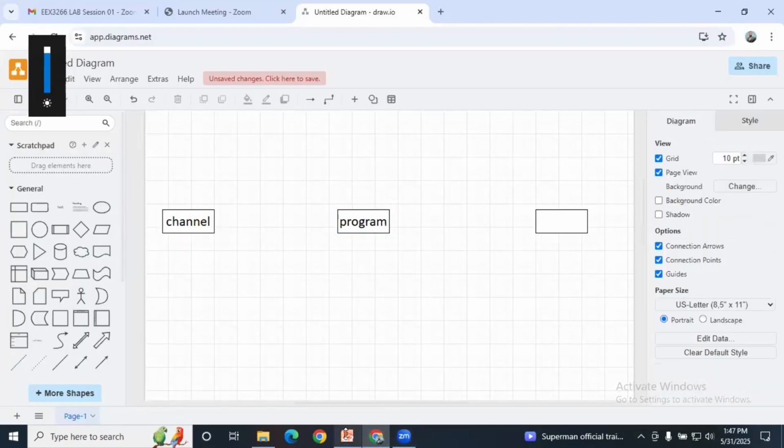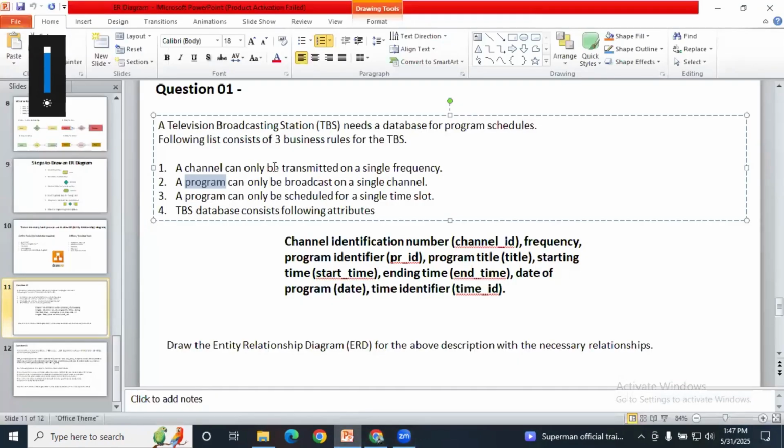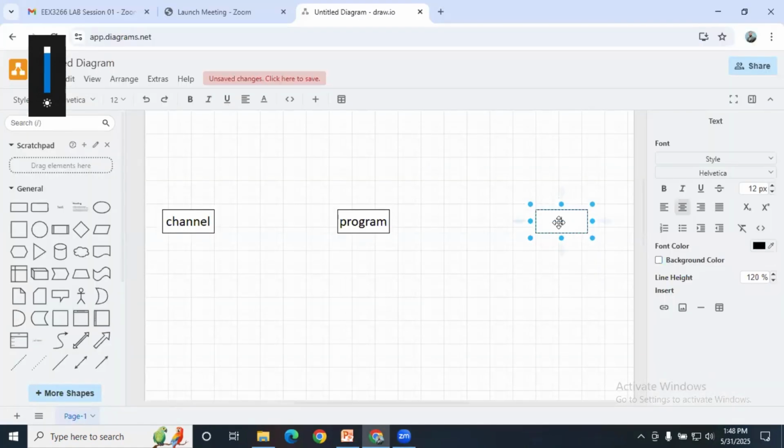Okay. What is the third one? What is the third entity? According to the third line, they are saying a program can only be scheduled on a single time slot. The third entity is what? Time slot.